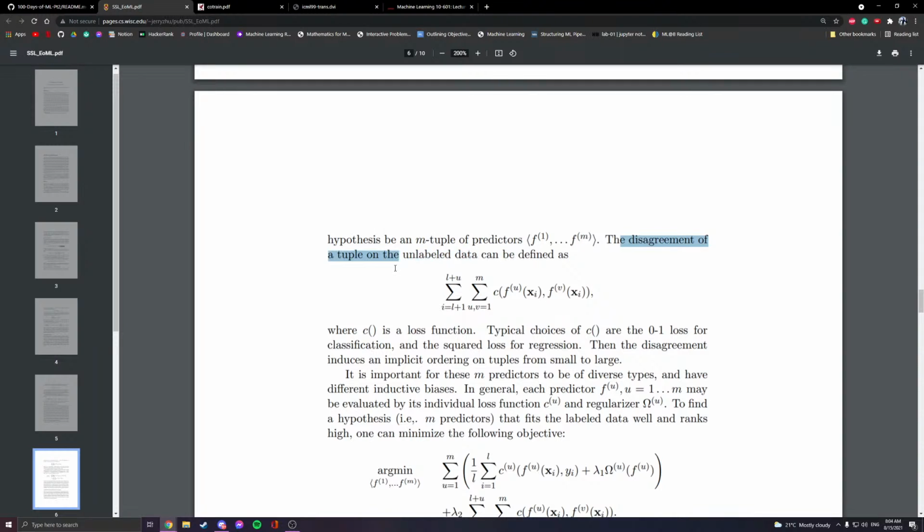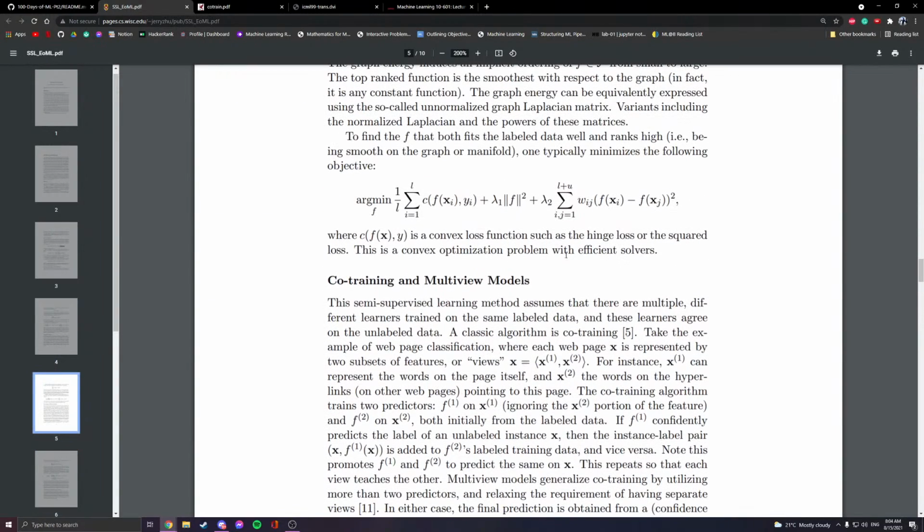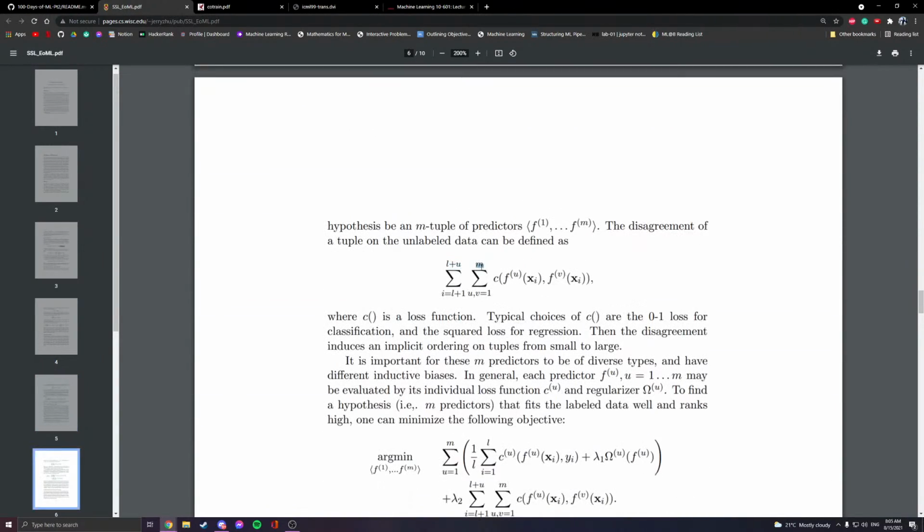The disagreement of a tuple and label data can be defined as a summation over unlabeled and a summation over labeled. I'm assuming this is unlabeled because it's L plus U. I'm not sure what the M is here.